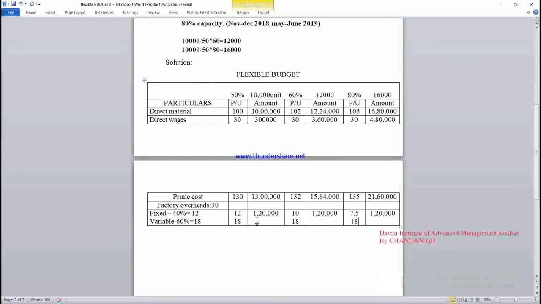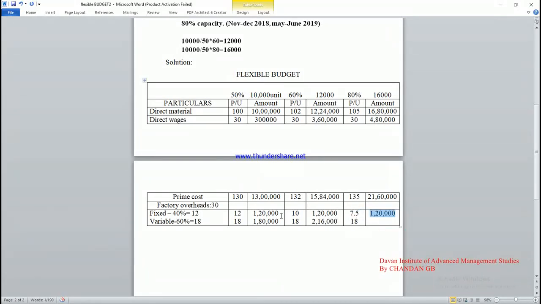Right? 18 rupees into 10,000, 1,80,000 rupees. Like that, 18 rupees into 12,000, that is 2 lakh 16,000 rupees.